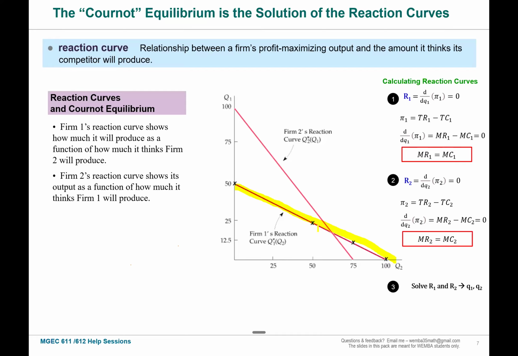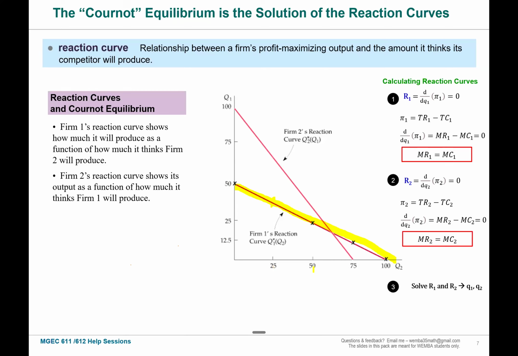Any point on this curve is a Q1, Q2 combination. So if it assumes that Q2 is 0, that is, firm 2 produces nothing, then firm 1 will produce 50 units. If it assumes Q2 is 25, that means firm 2 is producing 25, and firm 1 will produce this amount.